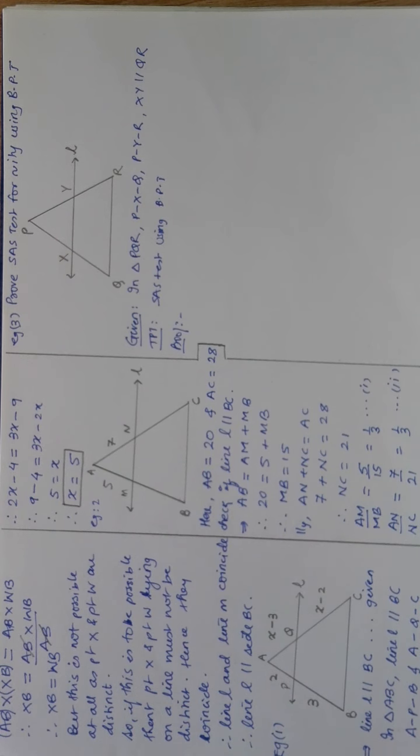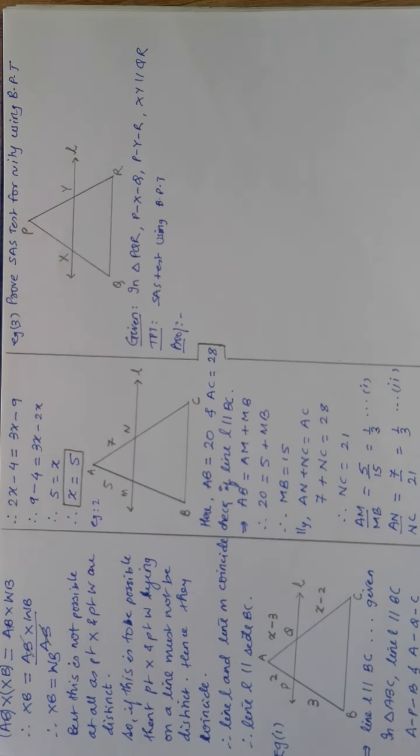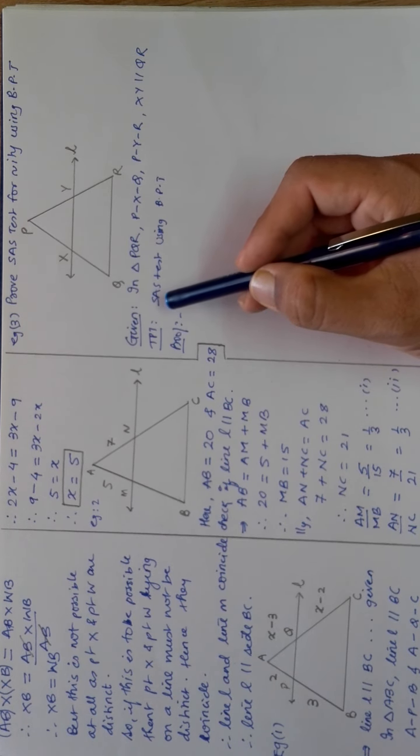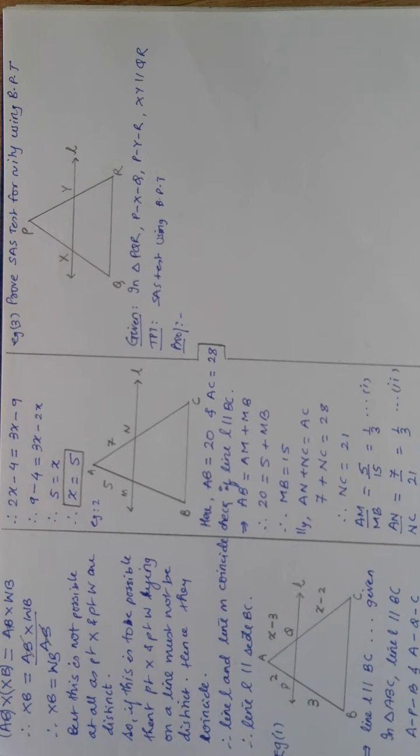Now I have drawn already figure in which I have taken triangle PQR, line L cutting two sides, because basic proportionality theorem says what? Okay, there must be a line cutting two sides and parallel to third side. That I have taken, it is parallel to third side. What I have to show is, that also I have written here, I have to prove SAS test. Using BPT, that is not important, but I wrote it.